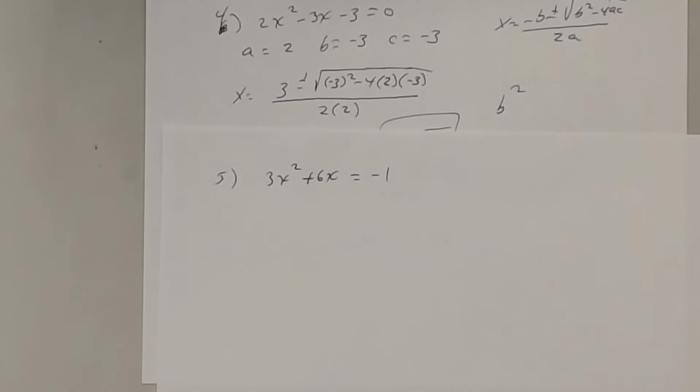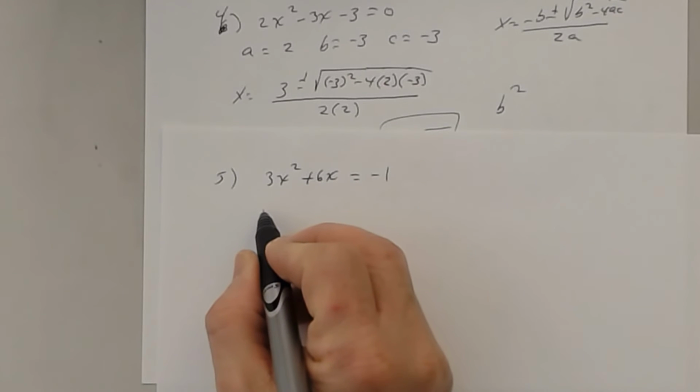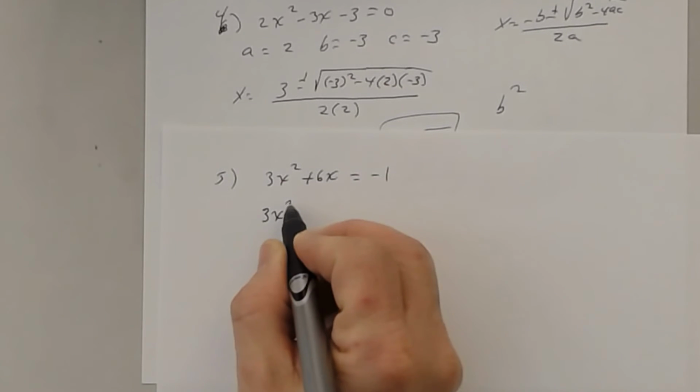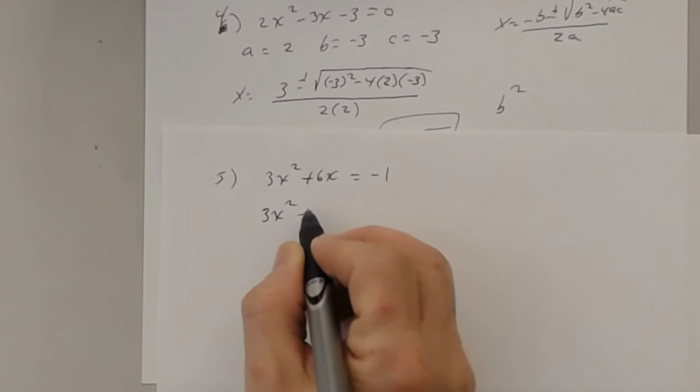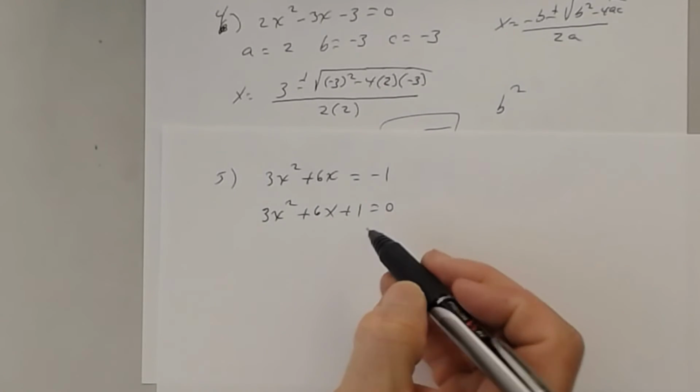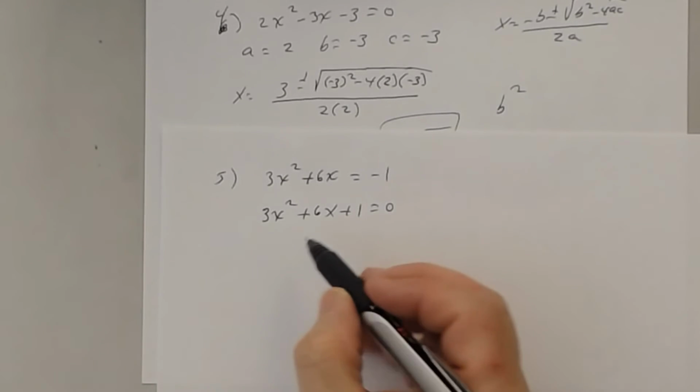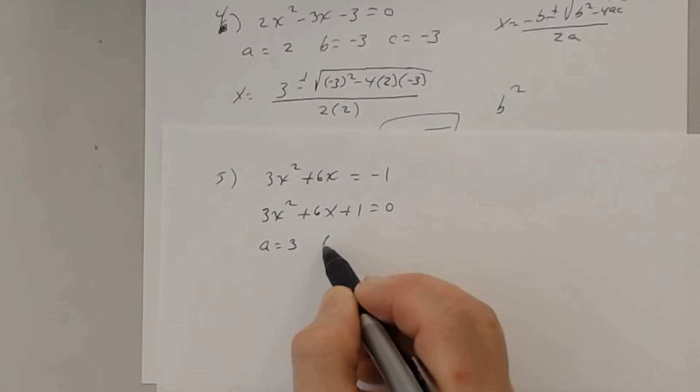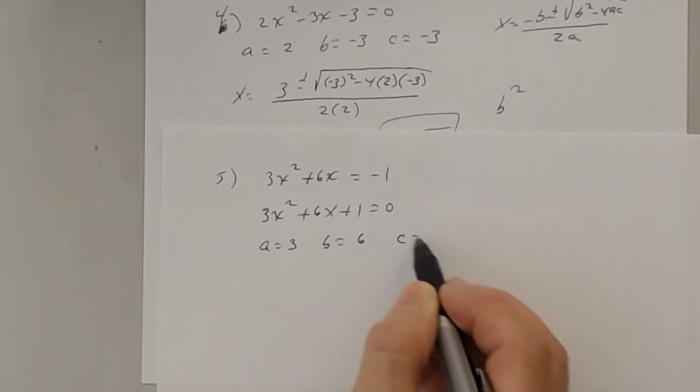All right. So how do we write it? 3x squared plus 6x plus 1 equals 0. All right, so we put it in standard form. What's A? What's B? And what's C? 1.